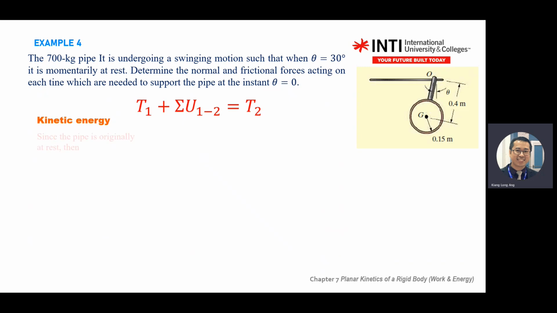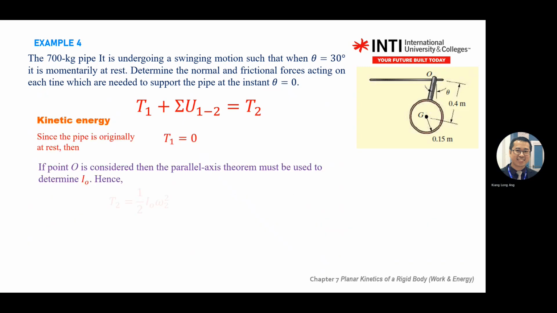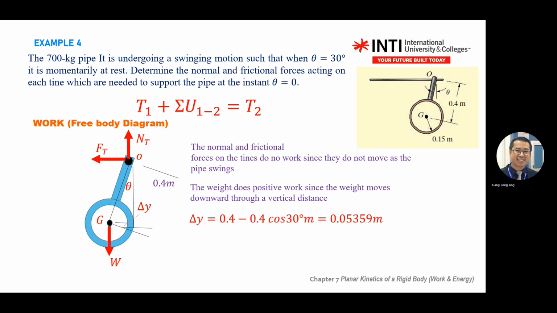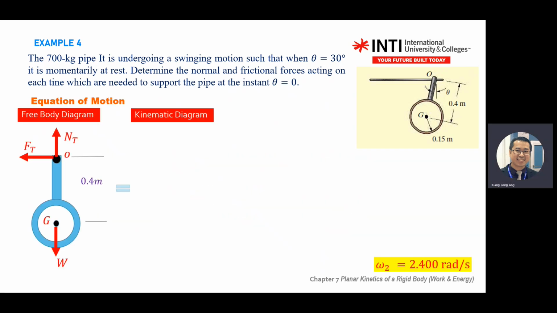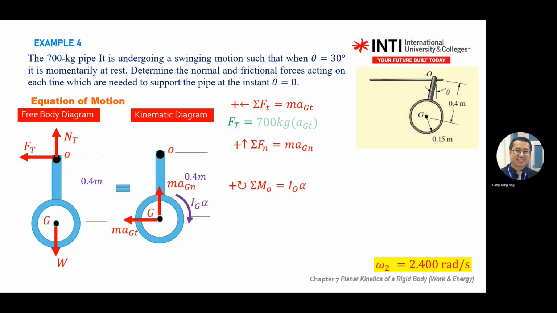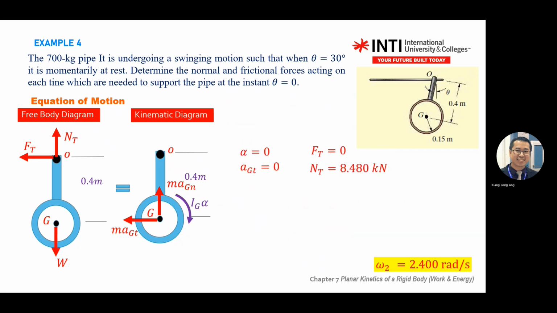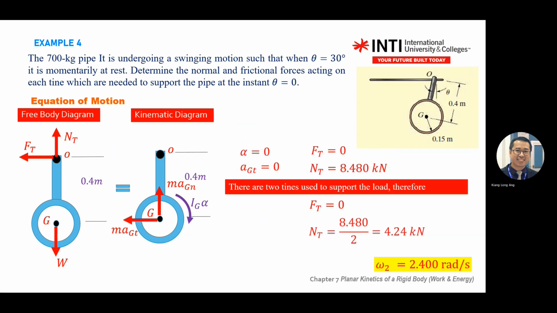So when you calculate at the end, you need to divide the answer in your finding. So your NT, you need to divide by 2 because you have two taus here. Not two taus, the two there. Okay, so divide by 2, the answer is 4.24 kilonewton.